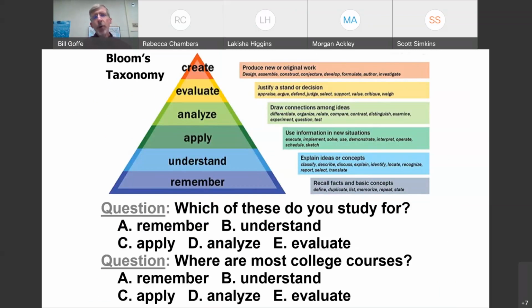And they tend to be more towards C. I point out that seems a bit of a misalignment, a discontinuity. You're not quite studying for the level that you say most courses are taught at. So it gets them thinking a bit, what can I do differently? Then I point out for future jobs, for work that they're all very concerned about, you're probably at the create or evaluate level. You better practice that now to be successful in that future career.